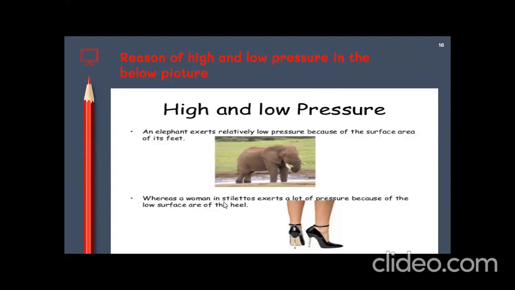Whereas a woman in stilettos exerts a lot of pressure because of the low surface area of the heel. You can see clearly that the heel of the woman's shoes covers a very small area, but it exerts high pressure. Yes, Varda, right.